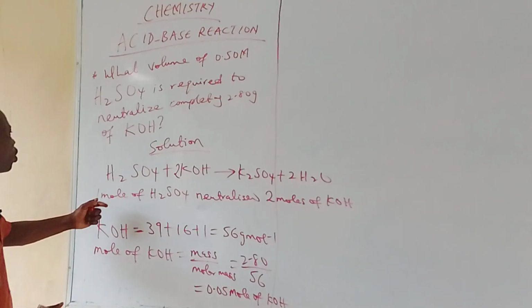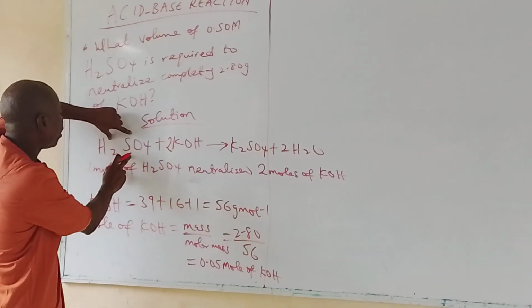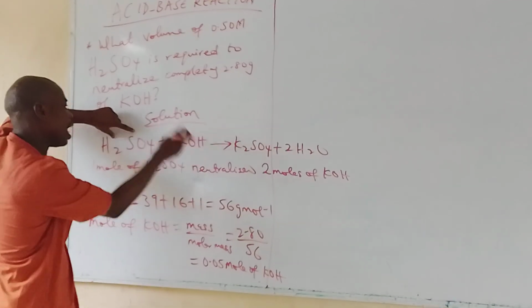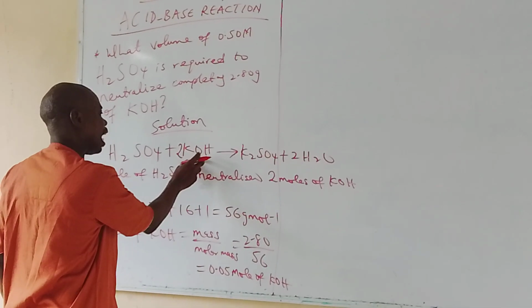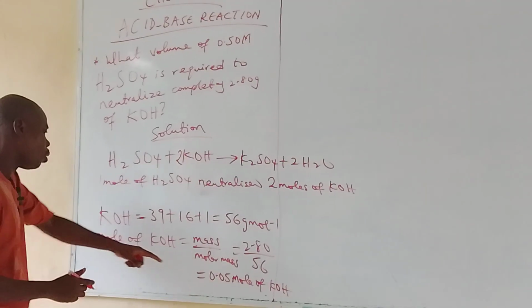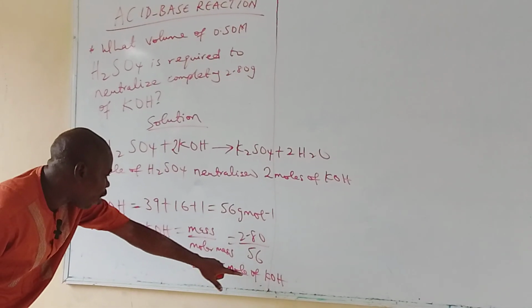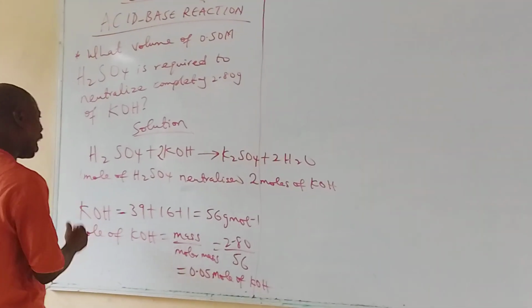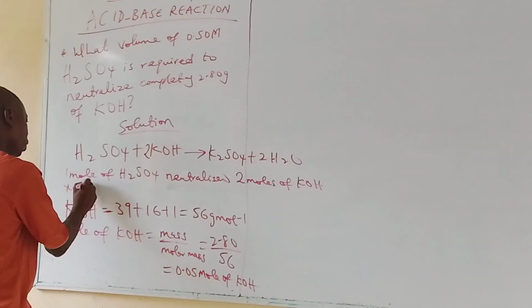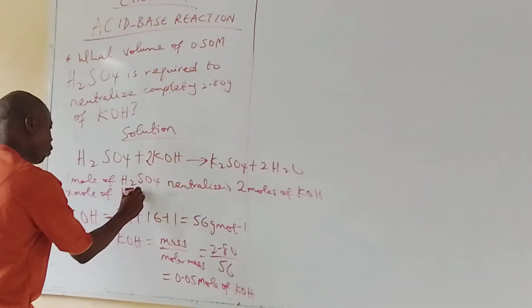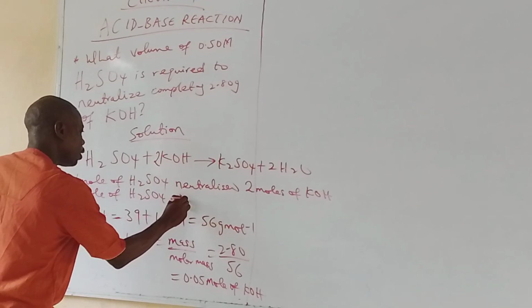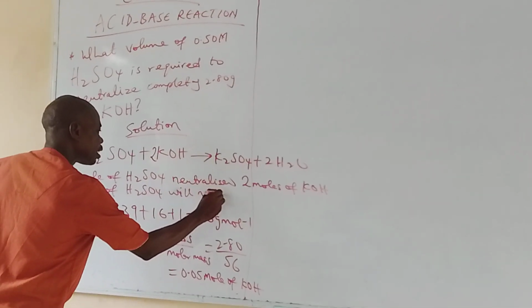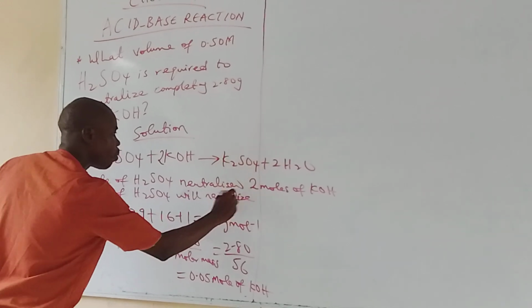Now, since from my chemistry of reaction, 1 mole of sulfuric acid neutralizes 2 moles of the alkali, I'm going to plug in the number of moles of KOH according to this expression. So X mole of H2SO4 will neutralize 0.05 mole of KOH.